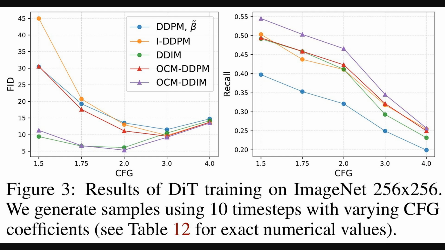Lower Fréchet inception distance is better. On the right, it's recall, a measure of sample diversity, where higher is better, versus those same coefficients. The optimal covariance matching methods, especially with denoising diffusion implicit models, tend to show better Fréchet inception distance and notably higher recall, indicating good quality and more diverse images.